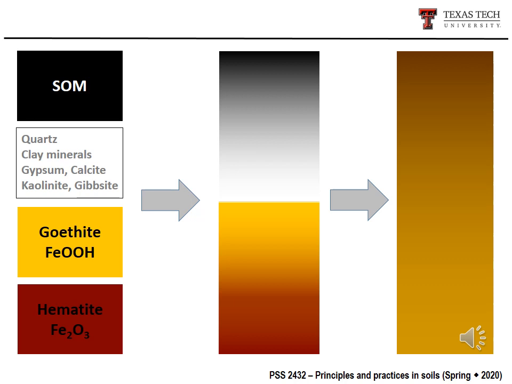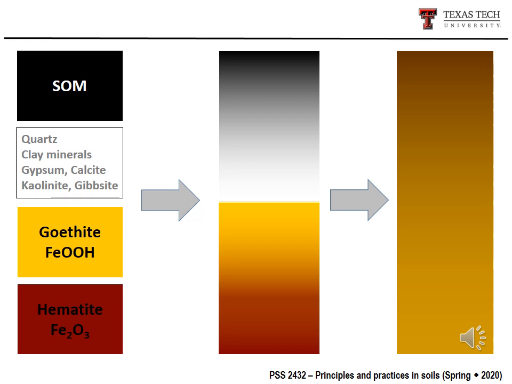Okay, this is a very simple picture or example to help you understand soil color variation. And as you know, the soil organic matter will contribute to black or darkness, basically. For example, quartz and most clay minerals, for example, gypsum, calcite, kaolinite, and gibbsite, will contribute to white.